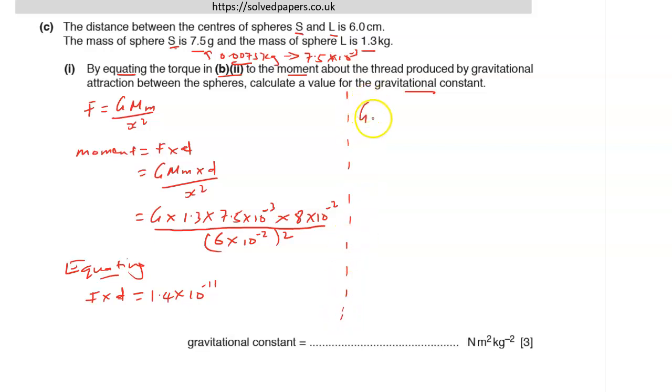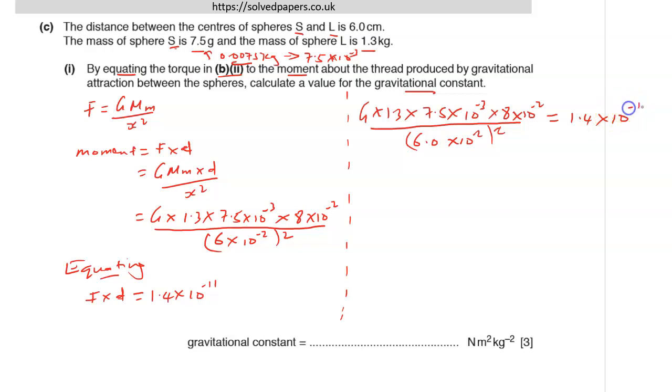We need to calculate G. So it will be G times 1.3 times 7.5 times 10 raised to power minus 3 times 8 times 10 raised to power minus 2, all of this divided by 6 times 10 raised to power minus 2 squared, and this is equal to 1.4 times 10 raised to power minus 11.